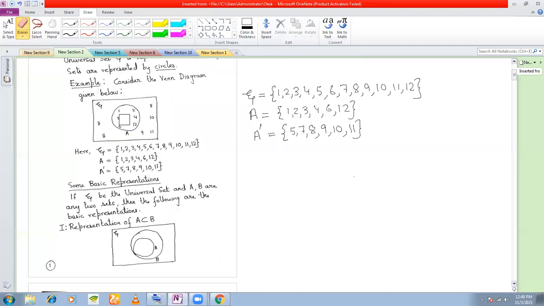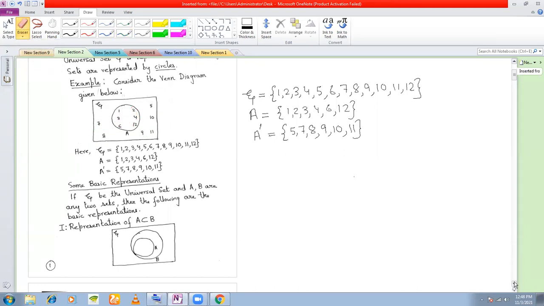What is the definition of A complement? Those elements which are not in A but are in the universal set. So what are the elements of A? All the elements within this circle. So the elements not in A but in the universal set are the ones outside the circle. That is why this is called A complement.